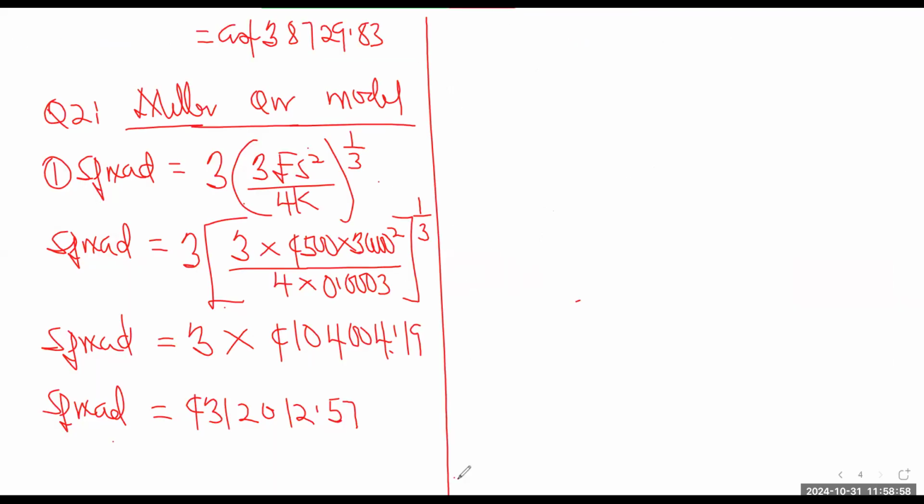So let's come to B, our upper limit. You can see the U, the upper limit, will give us the L plus the spread, isn't it? The question will always give you the lower limit. What is the lower limit given to us? 200,000.